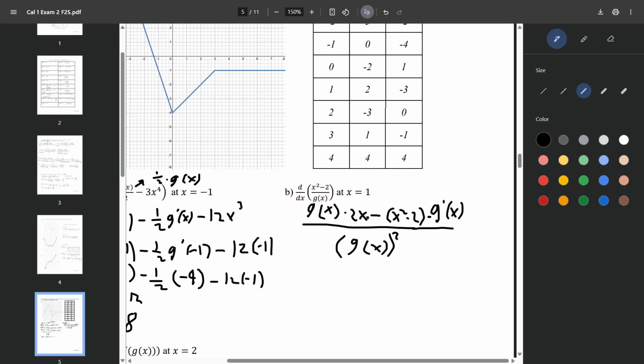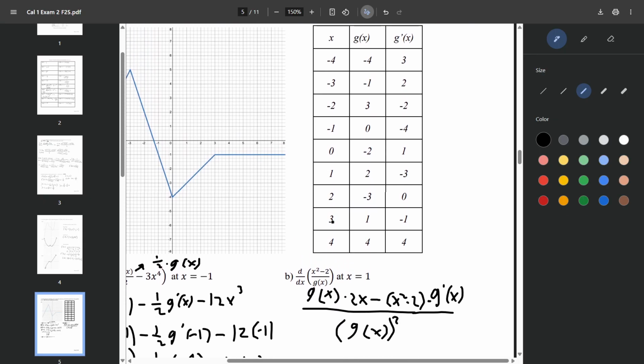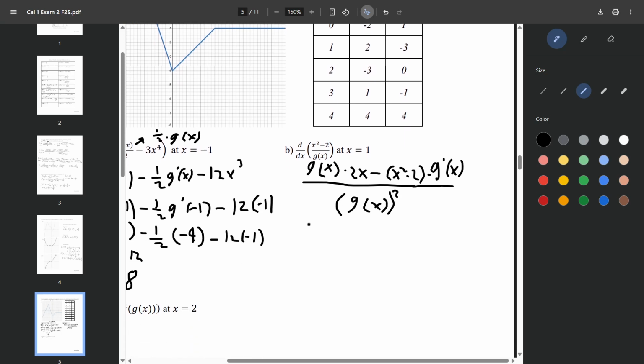And so we now find our values at this point, at x equals 1. So let's just rewrite our equation.